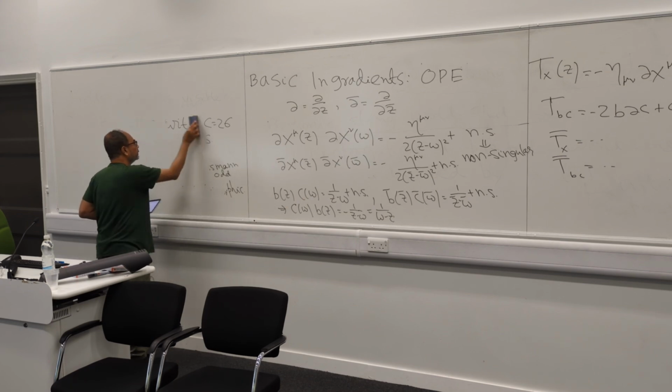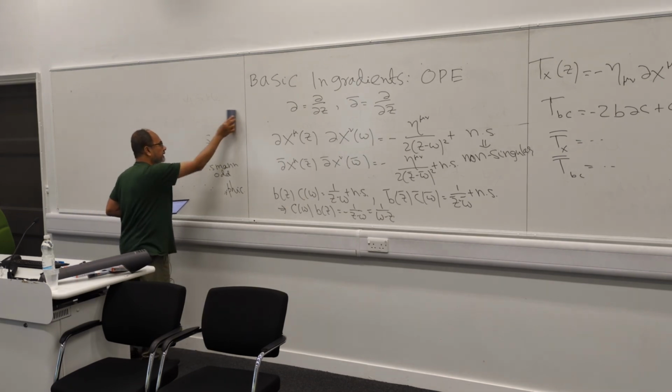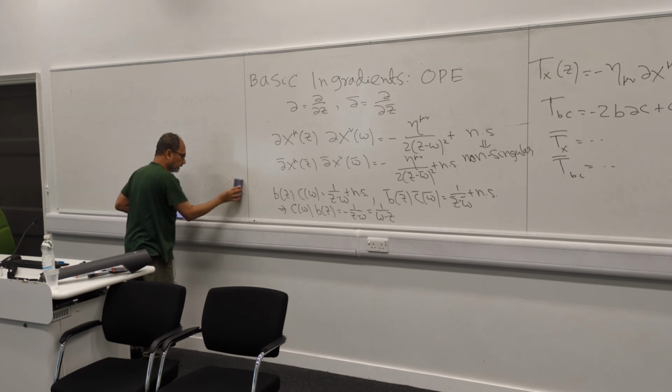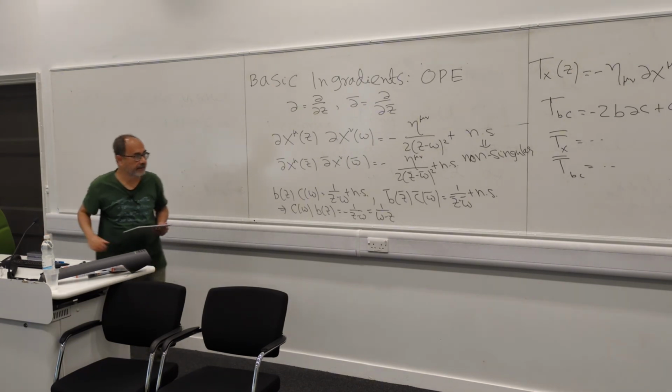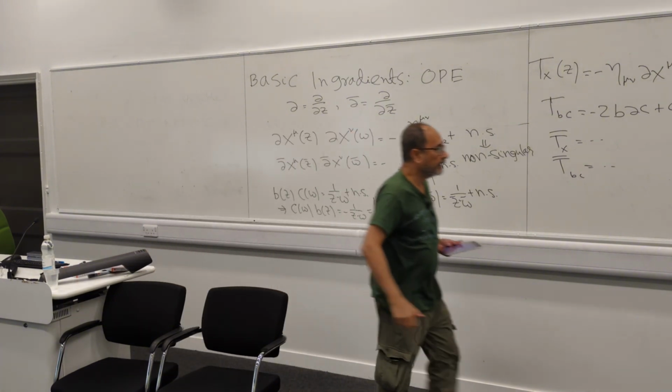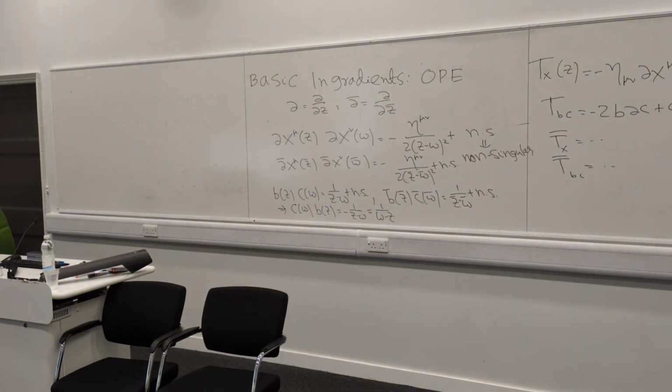In that OPE on the right side, both b and c are defined at the same point, right? Yes, on the second line, these are also at the same point, exactly.